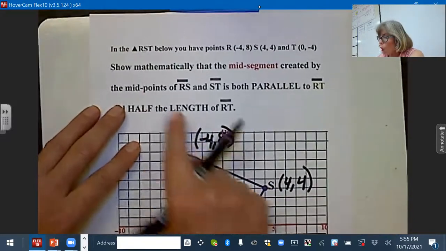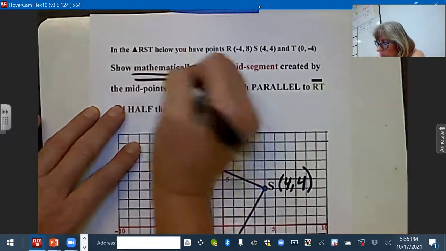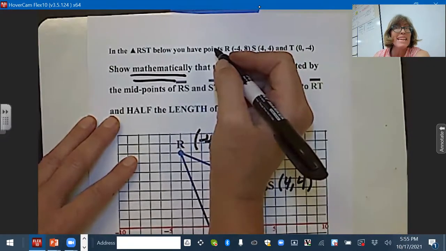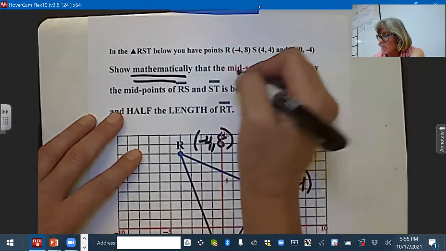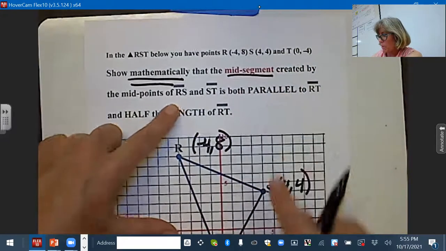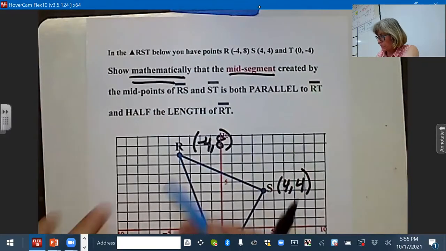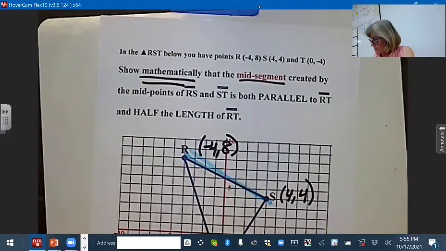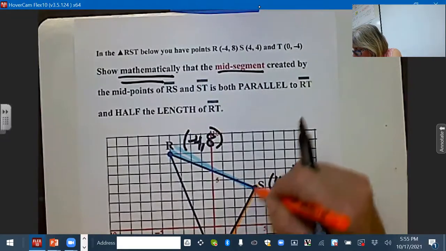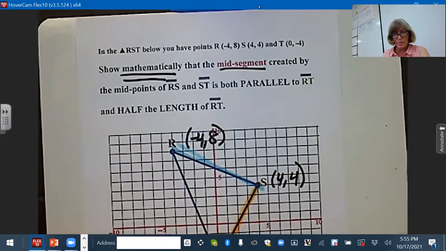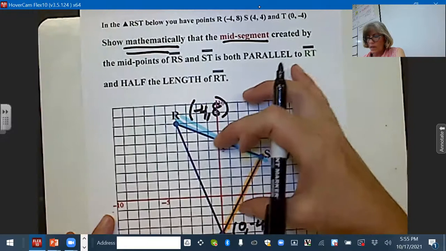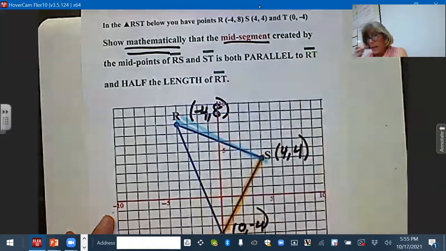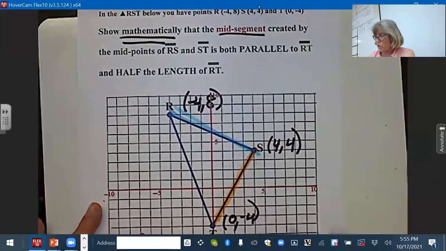We're going to show mathematically, using numbers, because math has meaning, that a mid-segment created by the midpoints of RS and ST is both parallel to the third side and half its length. For now, just eyeball it so you know where we're going.